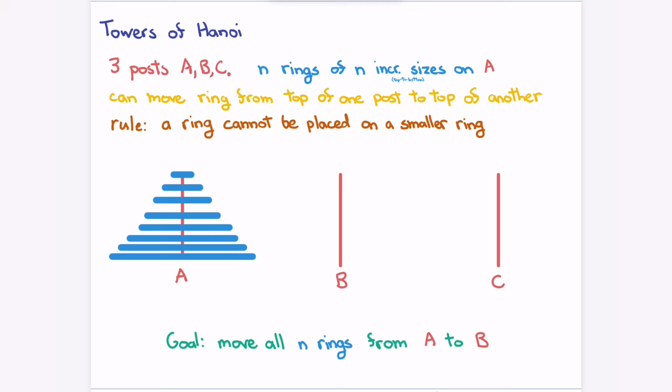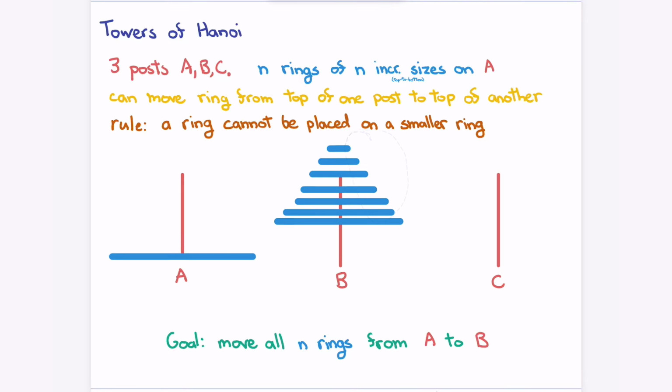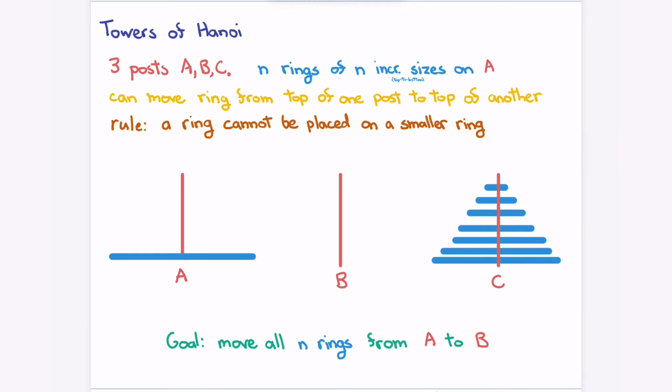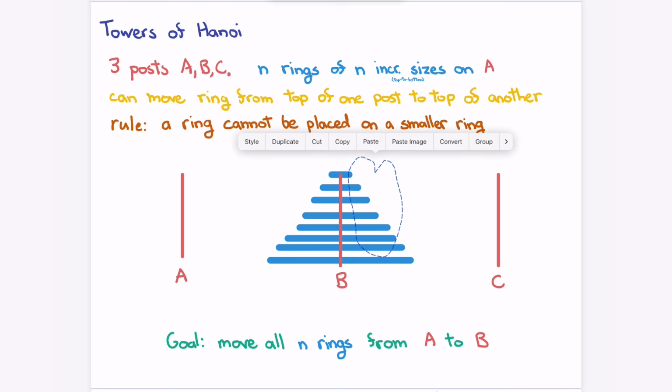So here's an algorithm that's completely legal in an algorithms class. Okay, I'm going to move n minus 1 rings from A to C, and I'll move one ring from A to B, and then I'll move n minus 1 rings from C to B, which is exactly what you suggested.